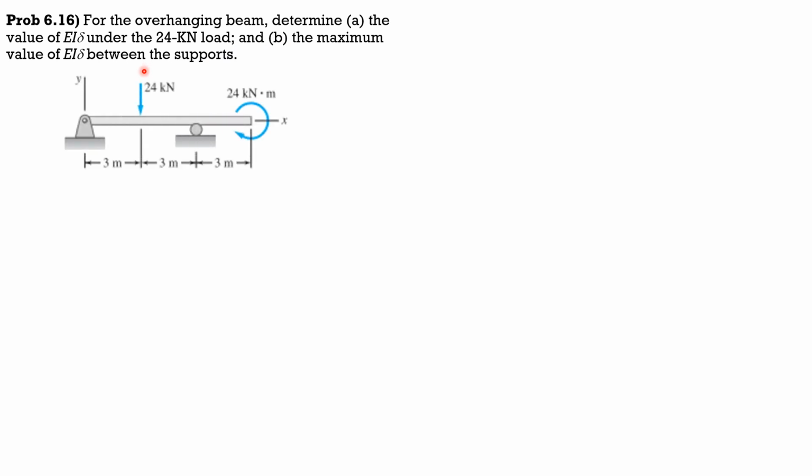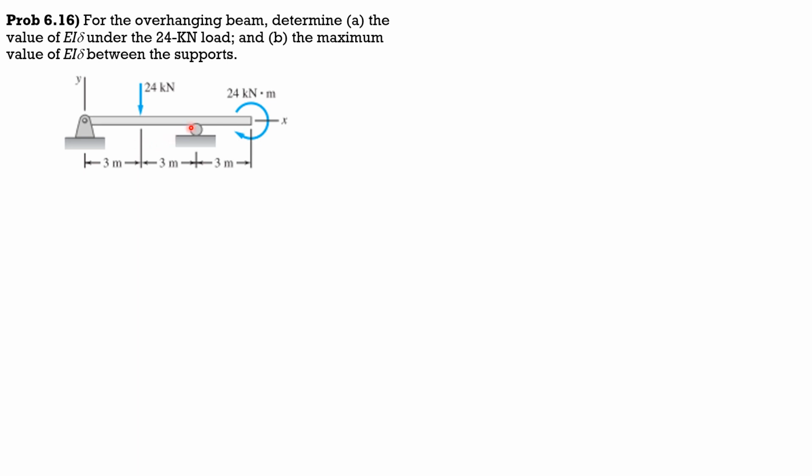For the overhanging beam, determine letter A, the value of EI delta under the 24 kilonewton load, and letter B, the maximum value of EI delta between the supports. For letter B, the maximum value of EI delta, of course, is where the slope, EI y prime, is 0.